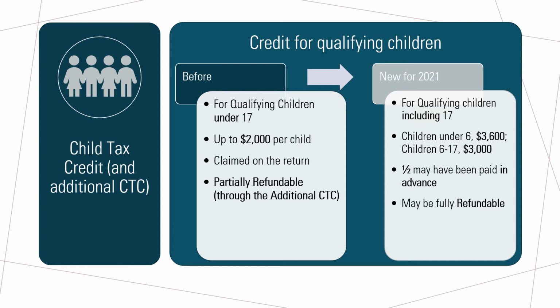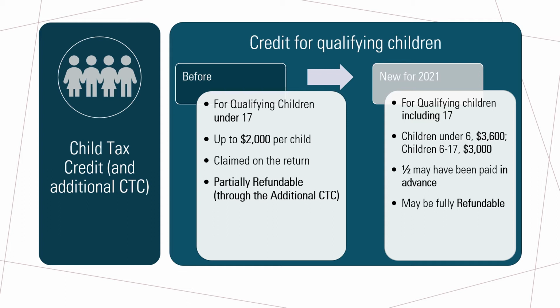So let's talk again about what the credit looked like before and then what it looks like for this year. So before, the child tax credit was for qualifying children under the age of 17.